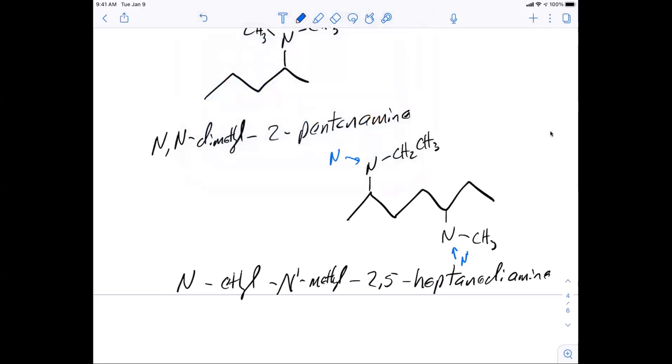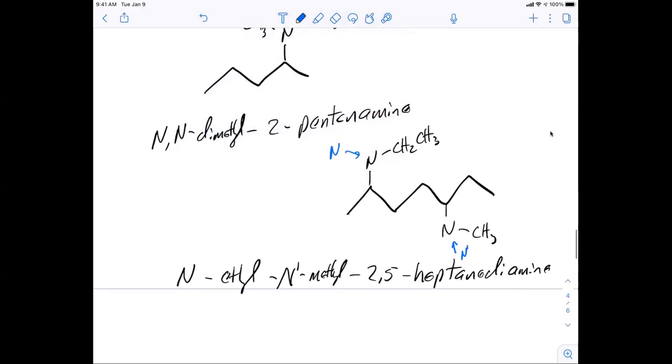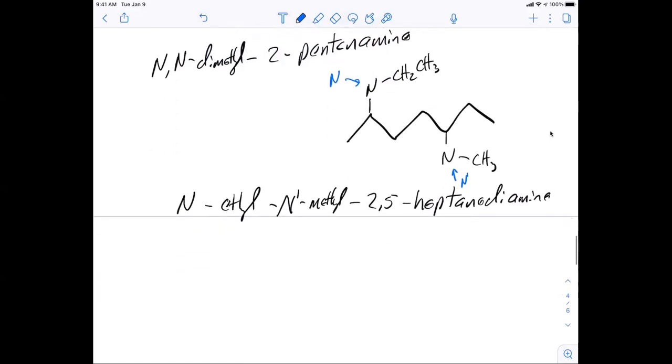So instead of using numbers, you change your nitrogen to prime. Okay, questions about nomenclature? Pretty straightforward, not much difference than what you've seen before.